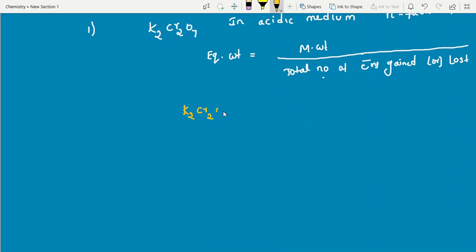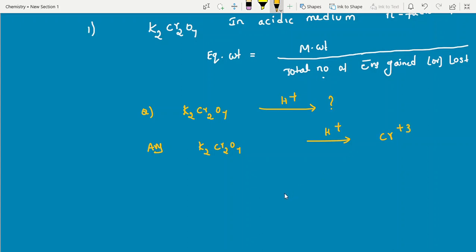K2Cr2O7 in acidic medium, they will mention like this, and they will not give the product. You have to remember. So this is the question. How to do this question? K2Cr2O7 in acidic medium always converts into Cr plus 3.